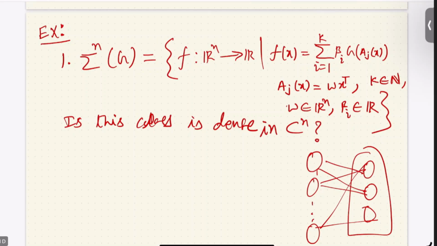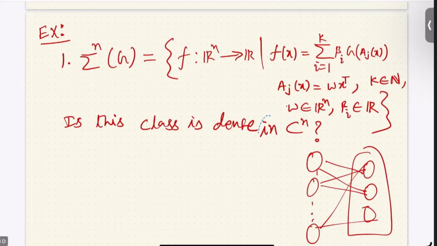This is so interesting. Now you will understand the real question: why bias? Whenever you listen to any neural network video, there is always a bias neuron that plays a role. Now you see, is that dense in C^n?